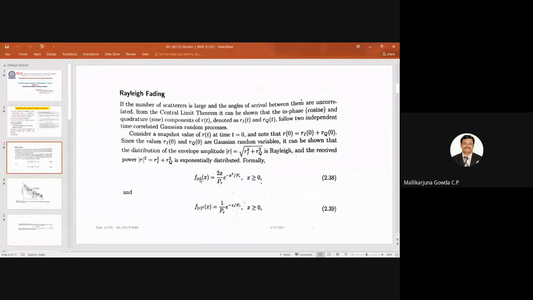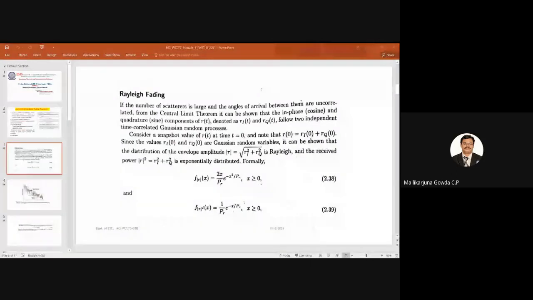I express that distribution as f_{|r|}(x) equal to (2x/Pr) e^(-x²/Pr). So this is a Rayleigh distribution, where x is greater than or equal to 0.